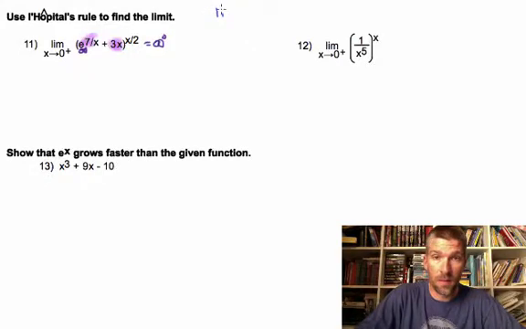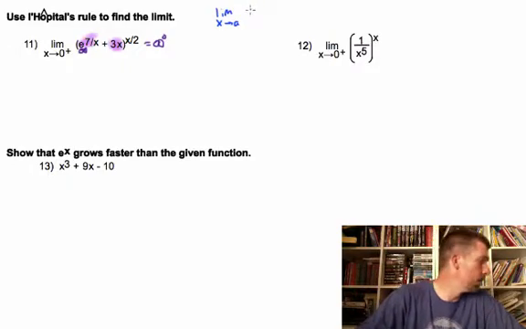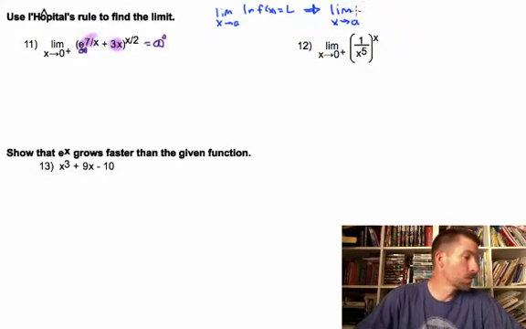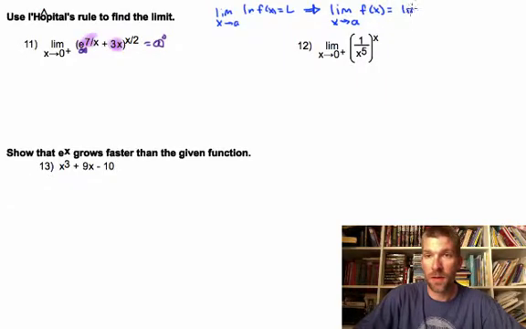The limit as x approaches a of natural log f of x is, if this is equal to some limit L, then the limit as x approaches a of f of x equals the limit as x approaches a of e to the natural log f of x, which is equal to e to the L.